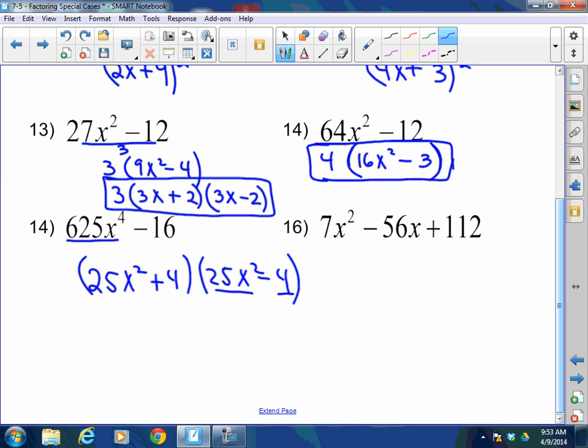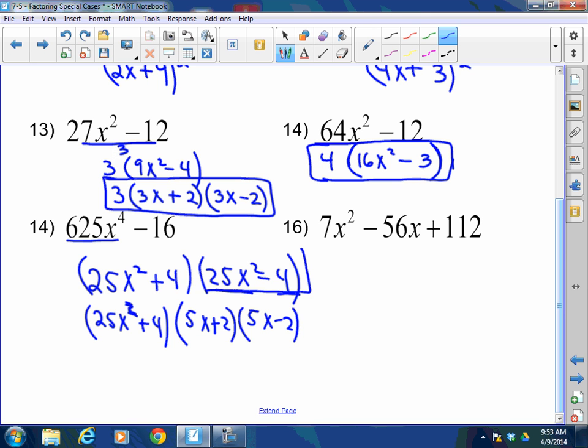Yes. Is that a perfect square? Yes. So check it out. 5, 2. It's 25x squared plus 4, because I cannot factor out a sum of squares, times 5x plus 2 times 5x minus 2, because that's this difference of squares factored out. Does everyone see that?